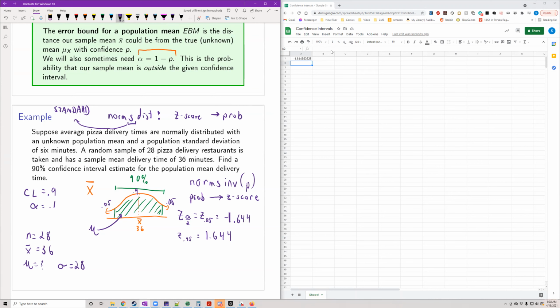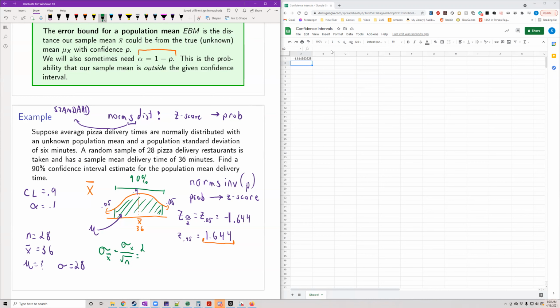So this 1.644, this is the piece that we need. This tells us the number of standard deviations away that we need to go. Remember, we'll need to calculate the standard deviation for our distribution of means to be the original standard deviation divided by square root n.